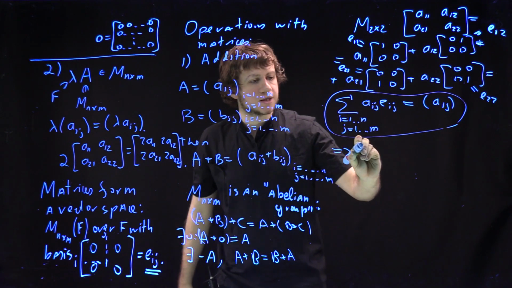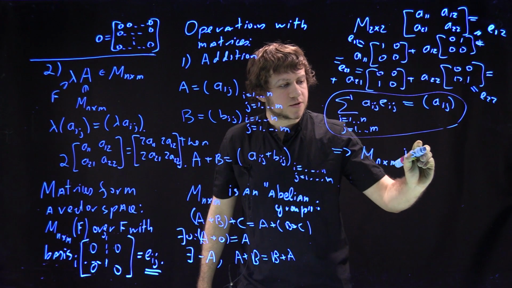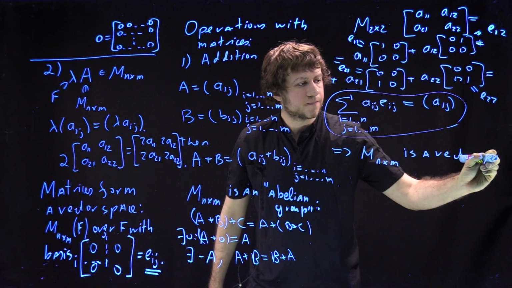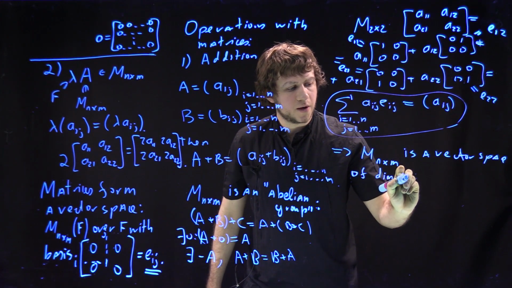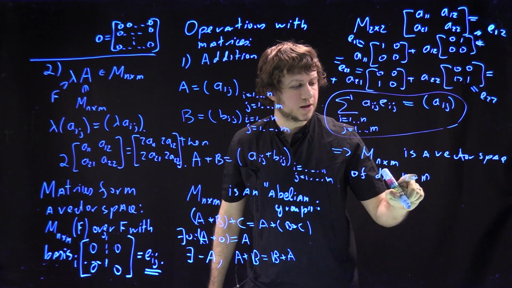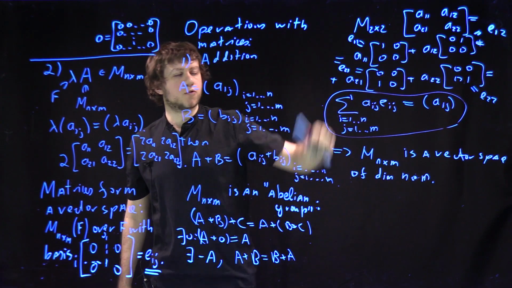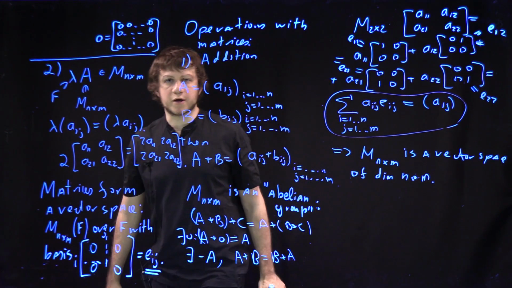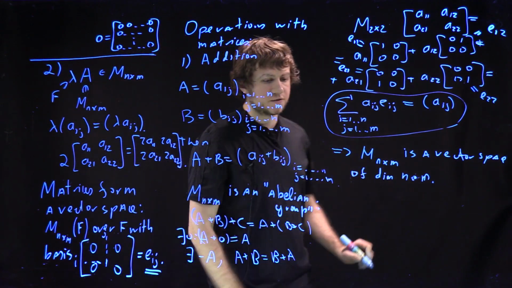And so it means that M n times m is a vector space of dimension n times m. So dimension 4 here, for instance. This is an example of a finite dimensional vector space, and at the end of this lecture I will show you a cool application of this idea.